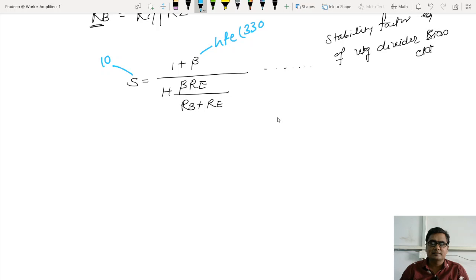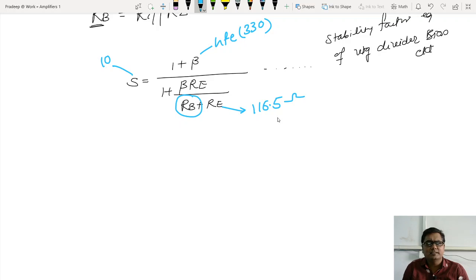What's the value of RE you have calculated? It is 116.5 ohm. What else is there? Beta RE. Now from that we can calculate the value of RB.